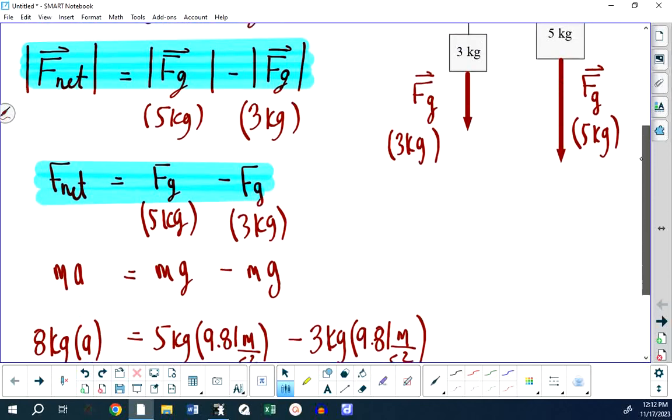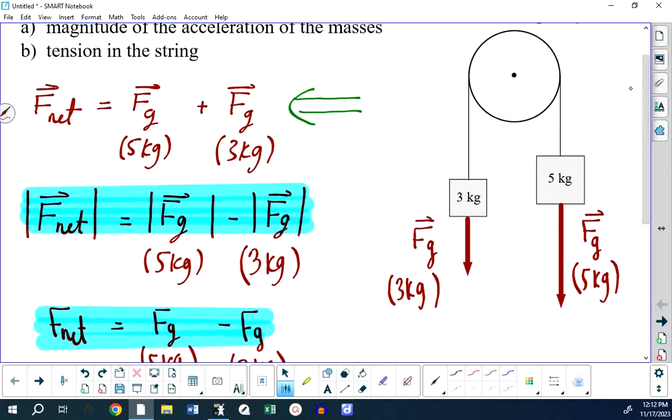But what that means is the 3 kilogram mass will accelerate up. The acceleration of the 3 kilogram mass will be positive 2.45 meters per second squared. Whereas the acceleration of the 5 kilogram mass will be negative 2.45 meters per second squared. Because the 5 kilogram mass is heavier, so it's going to move down, and the 3 kilogram one will move up.